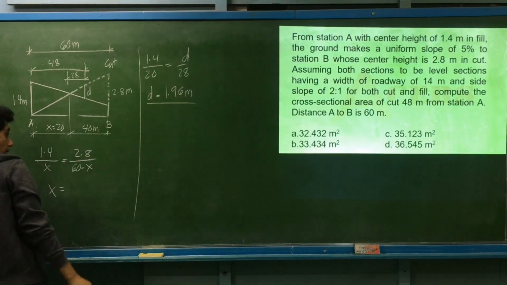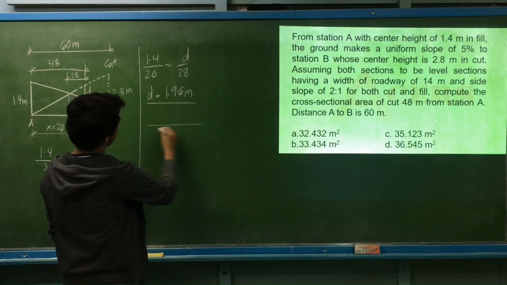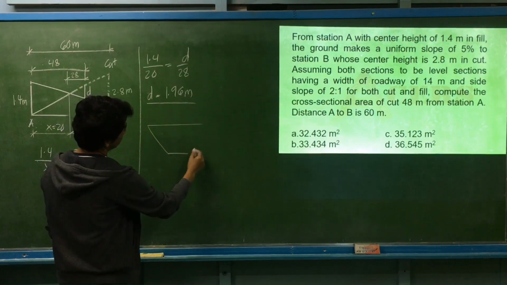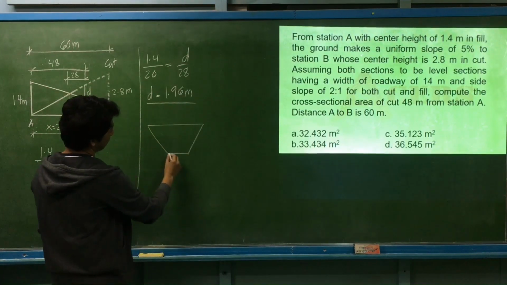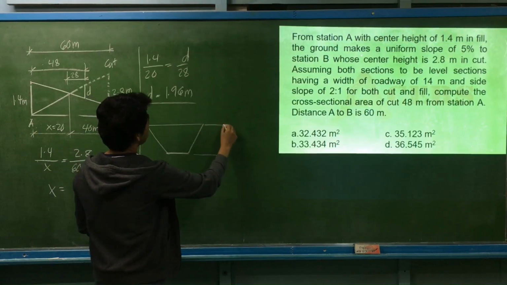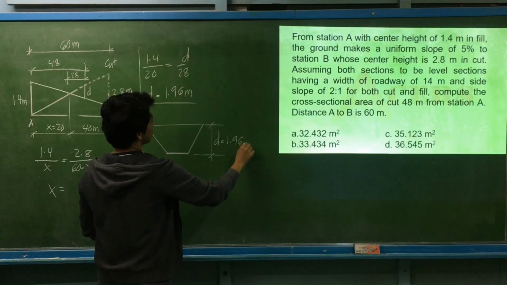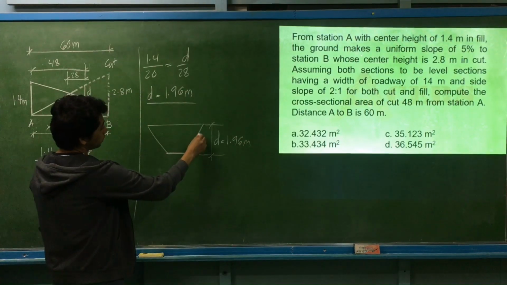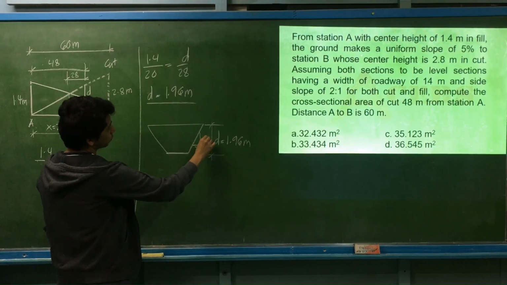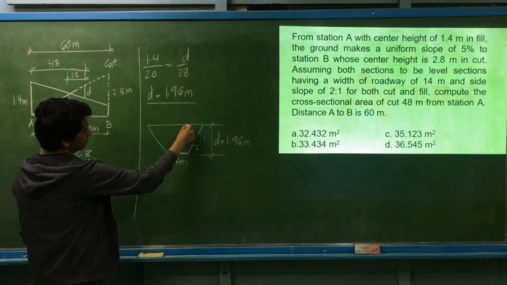Okay, so based on the problem, assume a level section. So for a level section in cut, this is its appearance, we assume it is a regular trapezoid. So the depth we got, D, is equal to 1.96 meters. The given slope is 2:1. The base is 14 meters.